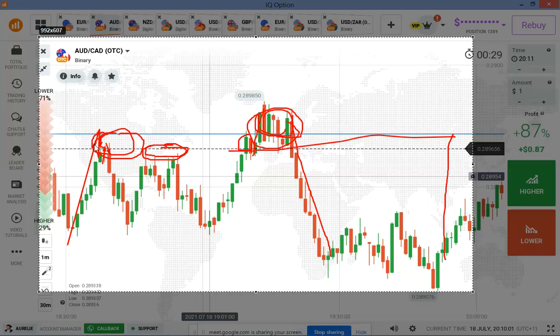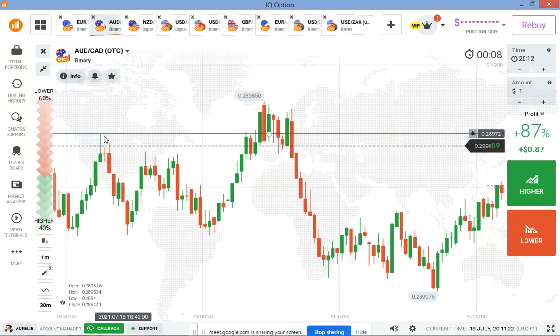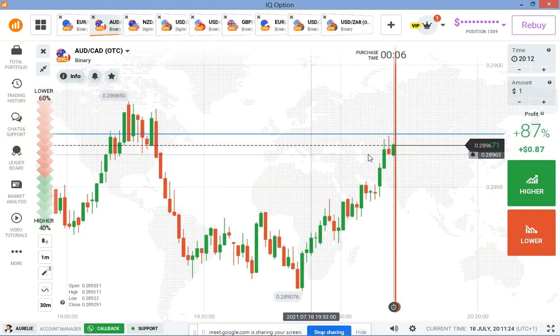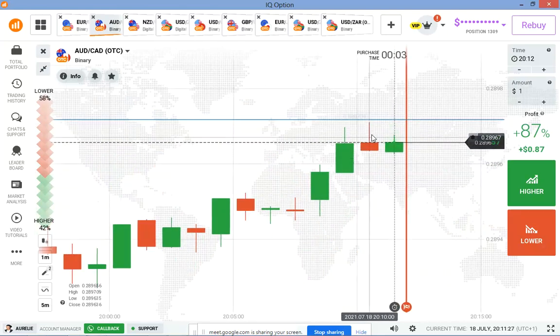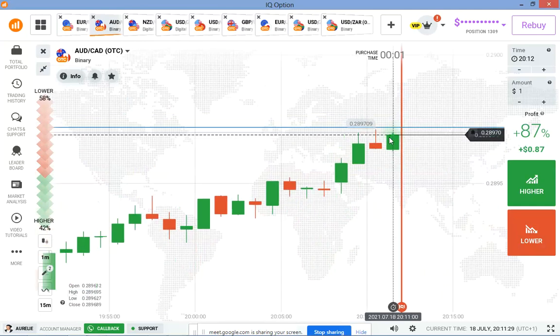You will see so many buyers and so many sellers activities here. Rejection, rejection. Even the buyers still tried again to go up. Once they reach this level, sellers entered. And we see a strong momentum of sellers. This tells us that there are some sellers activities here. So once the price comes to this level, we can expect sellers entry.